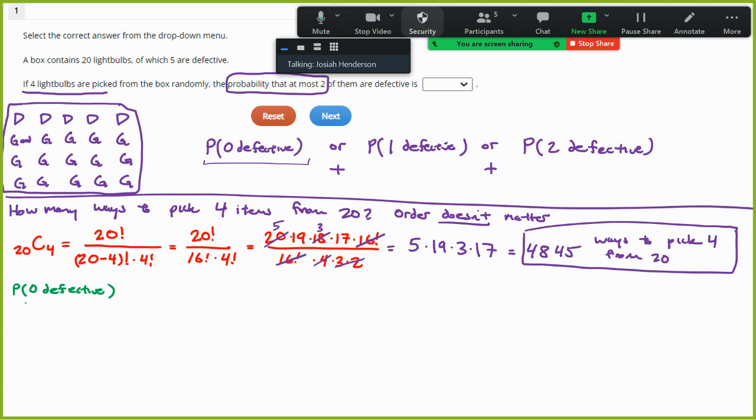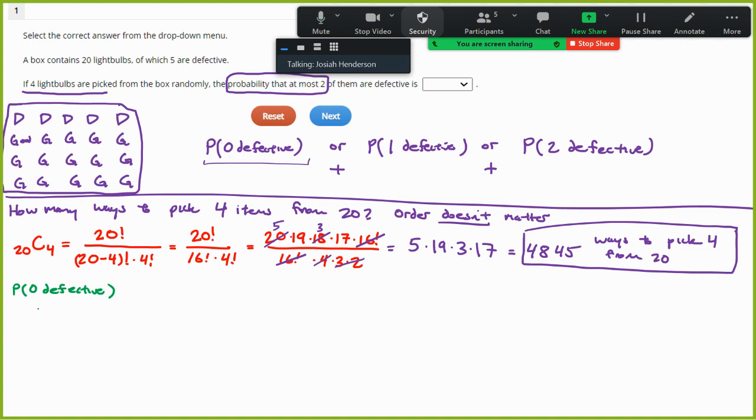Using the fundamental counting principle, there's going to be so many ways to pick 0 defectives and so many ways to pick 4 good ones from this total above of 5 defectives and 15 good ones.